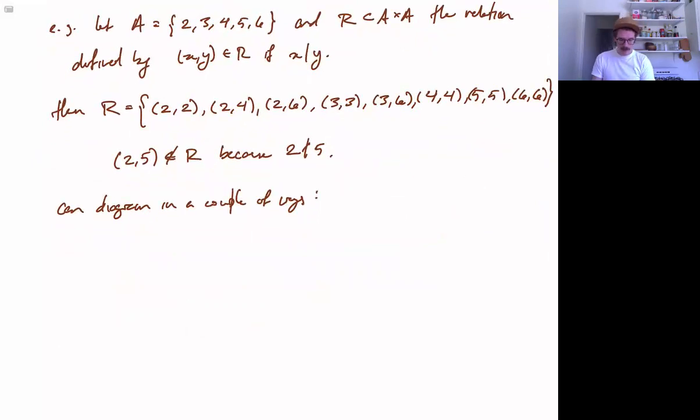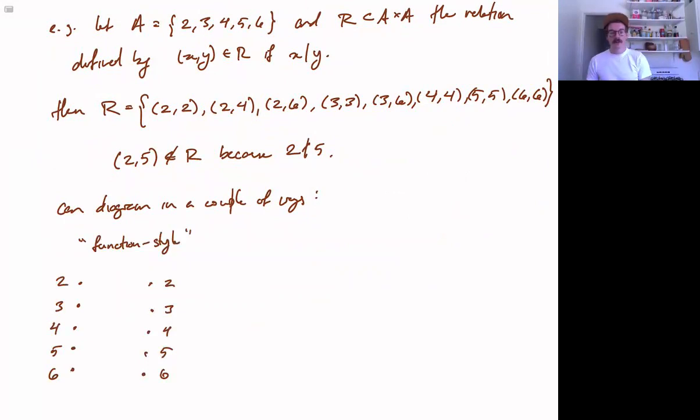One way, which maybe we can call function style, is to write the elements of your set as dots on both sides. And then, just like you're drawing a function, you draw arrows whenever that element is related to that element.